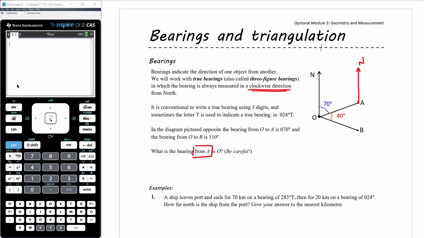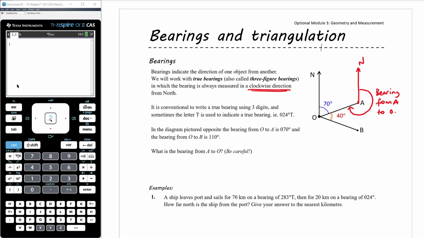I'm going to turn clockwise until I am facing O. So I'm going to need to measure all the way around here. That is the bearing from A to O. Now to be clear, the sentence could also say, find the bearing of O from A. But it's still from A. That's where you're standing and facing north and turning clockwise from there.